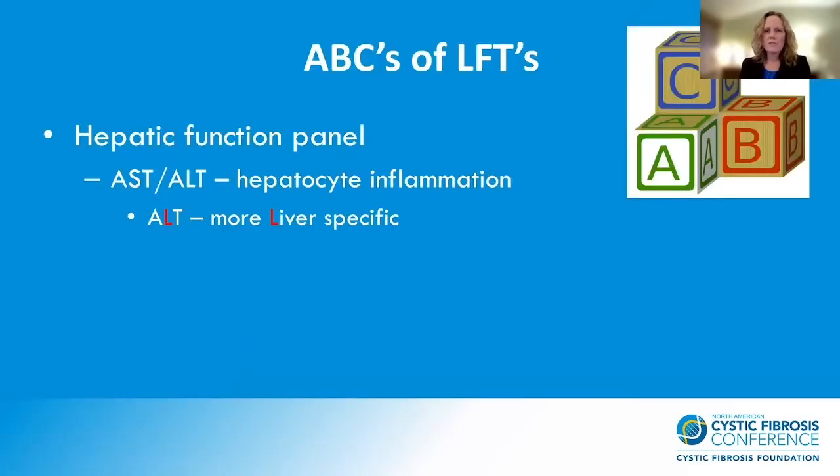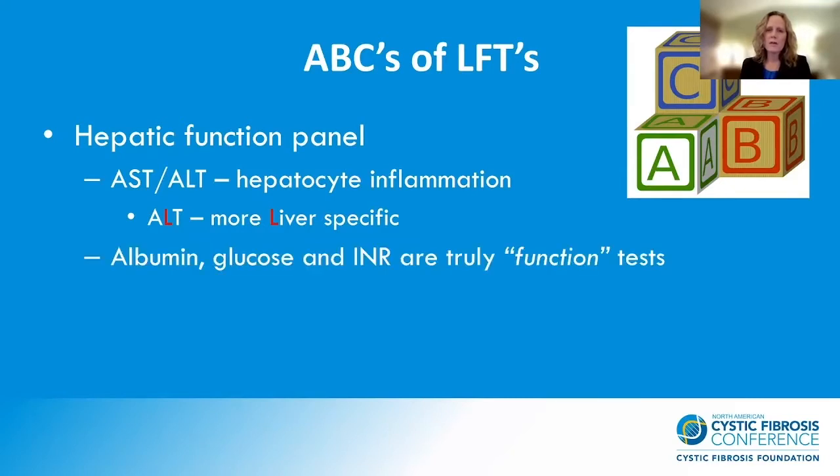The hepatic function panel is actually a misnomer because many of the tests don't tell us anything about the function of the liver. AST and ALT tell us about hepatocyte inflammation, and notably ALT is generally more liver specific. AST elevations can also be caused by muscle inflammation and hemolysis.